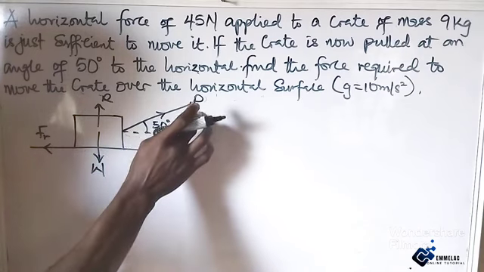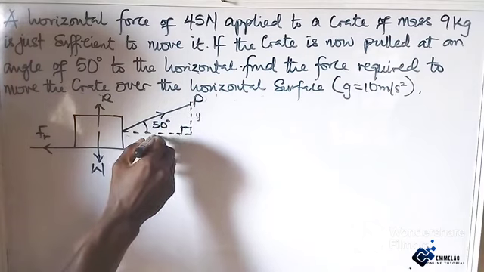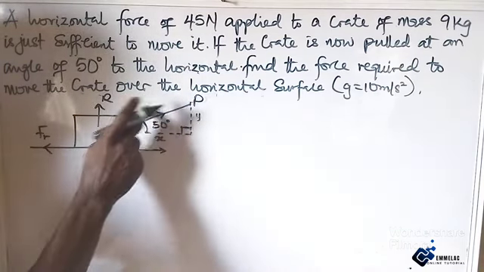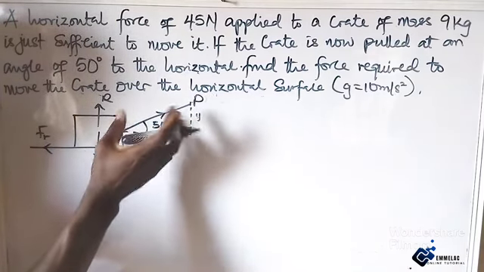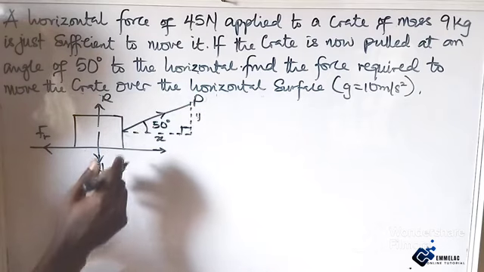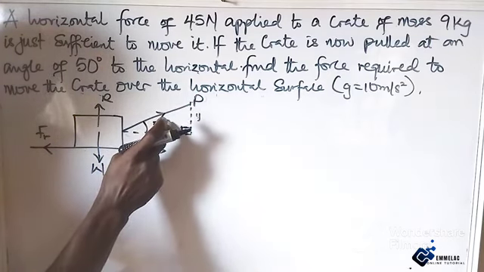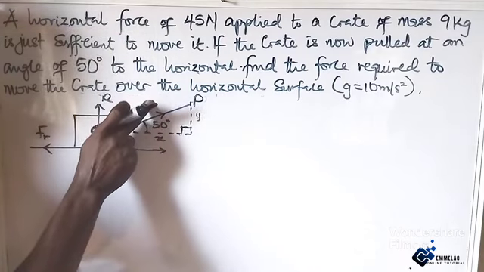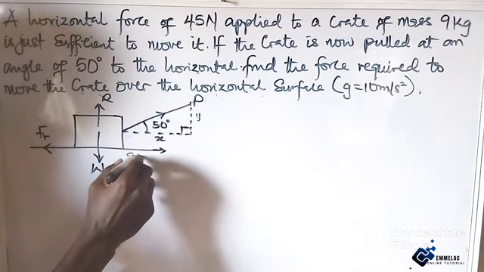Here we have the vertical, which is y, and here is x. And here is our P, which is the force. So with this we can now resolve both the horizontal and the vertical. By the horizontal here, this angle with respect to opposite and hypotenuse, we will be using our SOHCAHTOA.